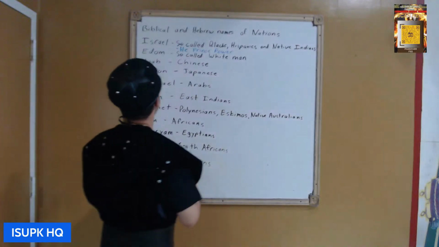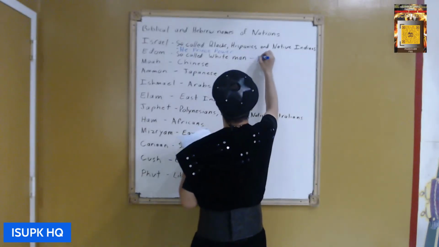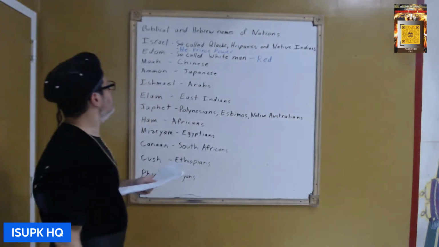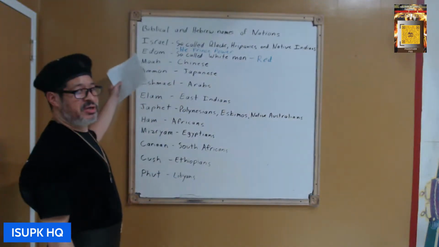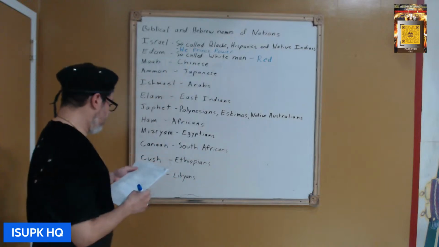Edom actually stands for red. So, you know, Esau, Edom, he was the red man. So, all white man. You have Moab.